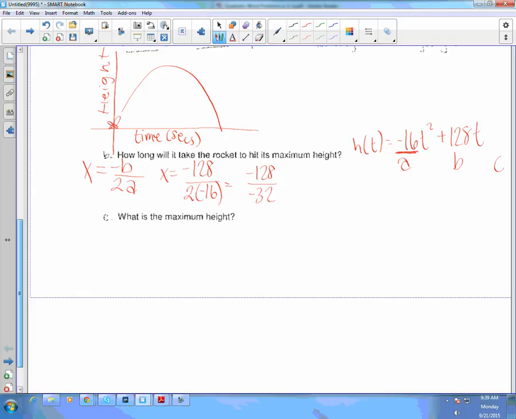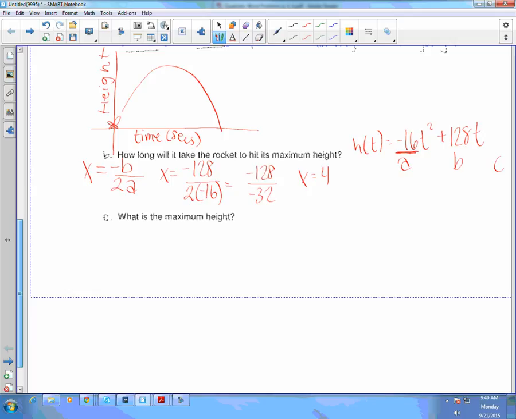These are nice problems. It comes out nicely. X equals 4 what? What's the unit? What do we just find? Then the question, how long? How long does it take?